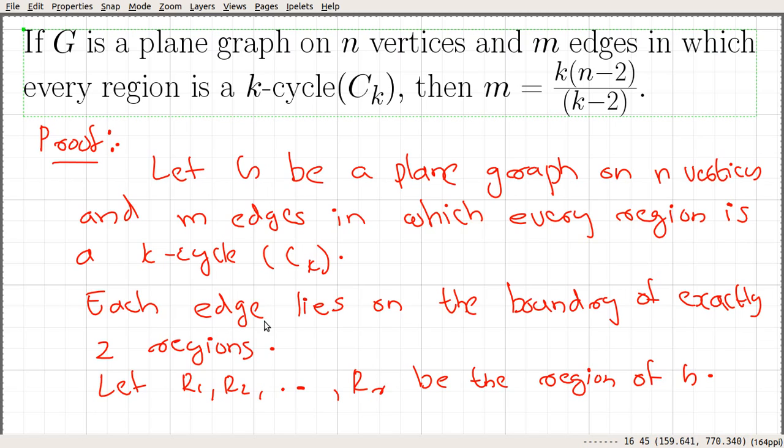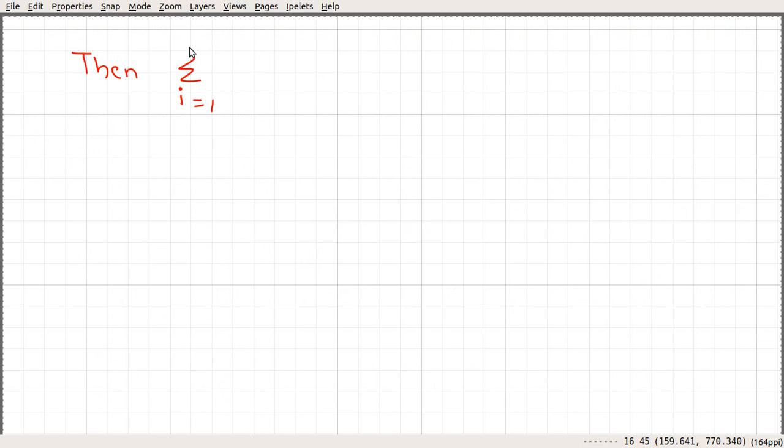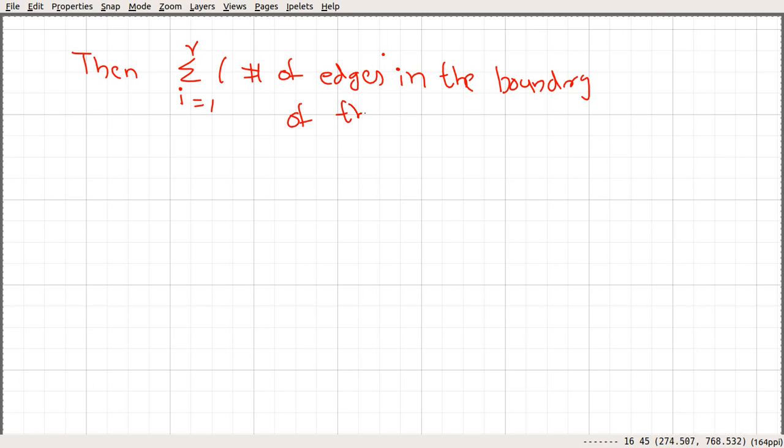Okay, small r. So if you add this quantity, sigma i equal to 1 to r, the number of edges in the boundary of each region Ri.